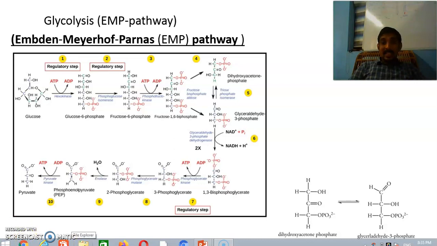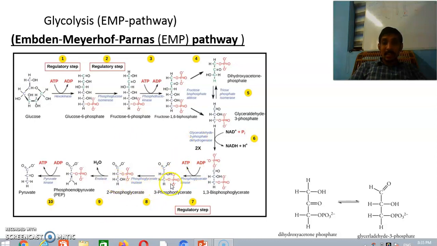Next, 3-phosphoglycerate. In 3-phosphoglycerate, the red colored phosphate is present at the third carbon. From that state, 3-phosphoglycerate is then converted into 2-phosphoglycerate.